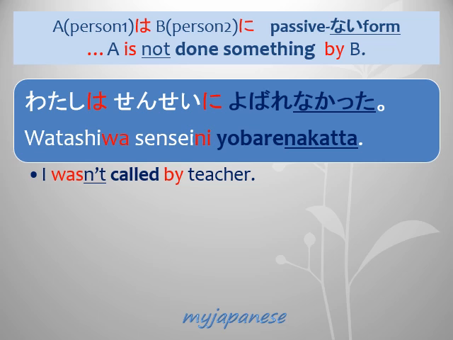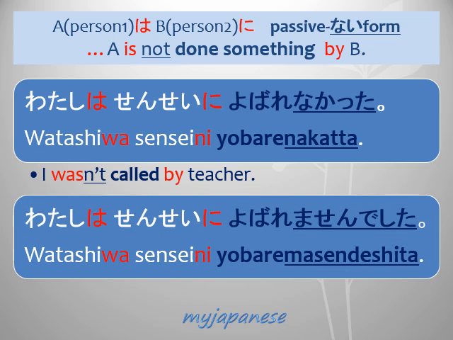If you say it in a polite way, change the underlined conjugation part from なかった to ませんでした, ます form negative past variation. 私は先生に呼ばれませんでした。I wasn't called by the teacher.